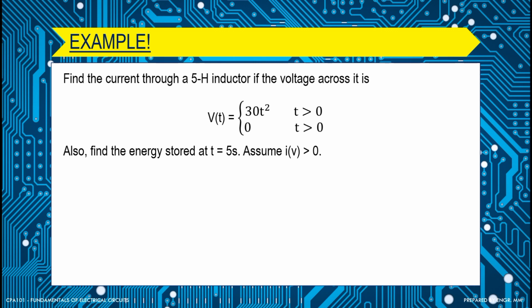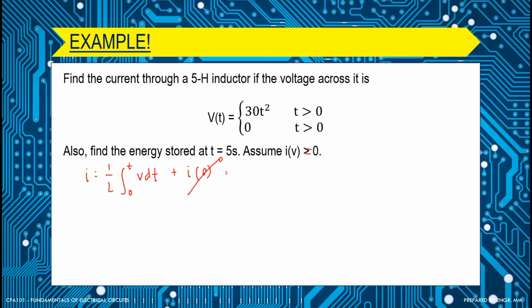Our formula is i equals 1 over L integral of v dt, plus the initial value of current. But since the assumption is i(0) is equal to 0, we will not consider that one. Our limits are from 0 to t.